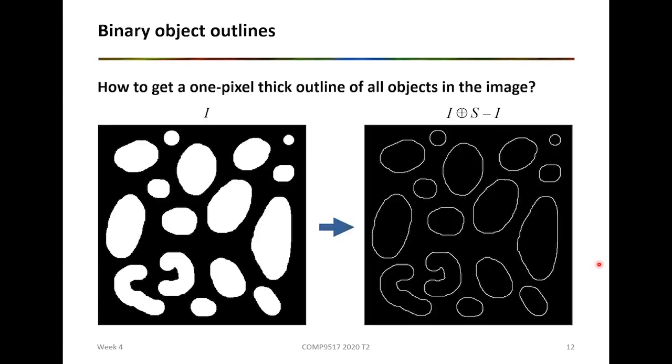Well, you simply dilate the image, for example, and subtract the original, and then you have all the outer edges of the objects. And in a similar way, you could get the inner edges. Then you would take the input image and subtract an eroded version of it. This is a way to do edge detection in binary images. It could be done as a pre-processing step to compute the length of the contour by pixel counting.